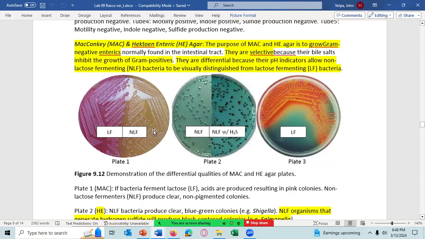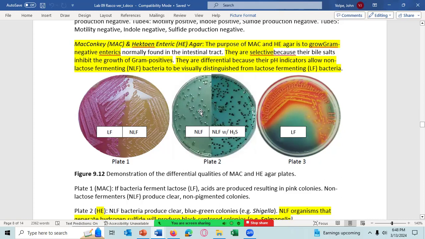For Hektoen enteric agar, or HE plates, if it ferments the sugar lactose, it'll be salmon colored, that's a yellow-orange color. If it does not ferment the sugar lactose, the bacteria will be the normal color, which here is white or off-white.